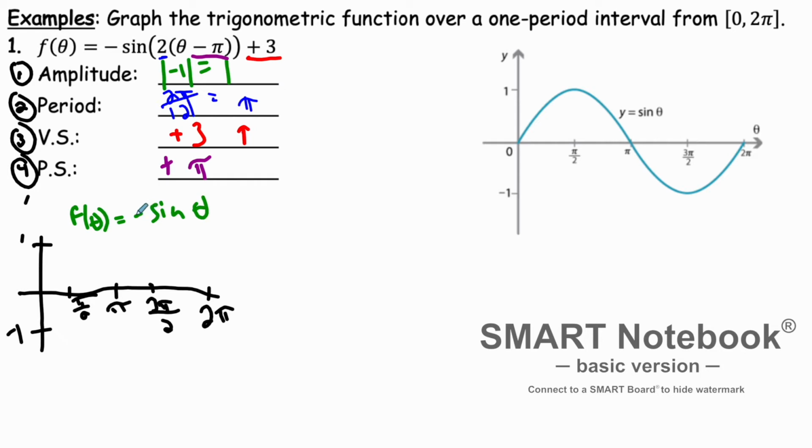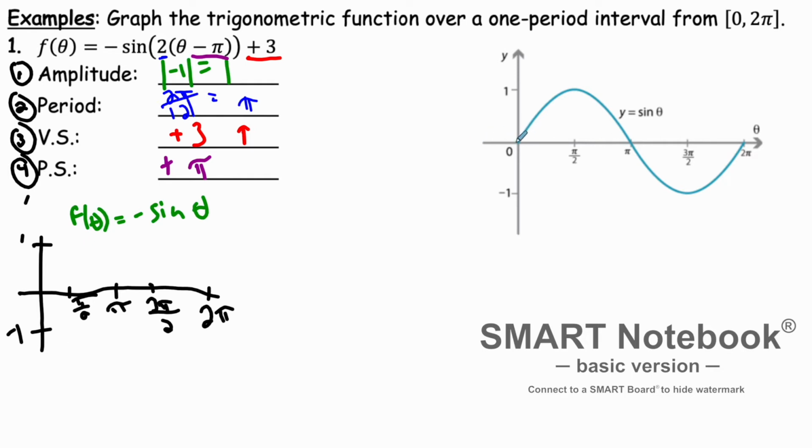The negative just means there's a flip. If there was a number other than 1, like 2, 3, 4, 5, that would stretch it out. If it was a fraction like 1/2 or 2/3, that would squish it down. But since there's just a 1 there, it's not going to stretch or squish it at all. The negative is just going to flip it. So we're going to take all of these y values and multiply by negative 1.